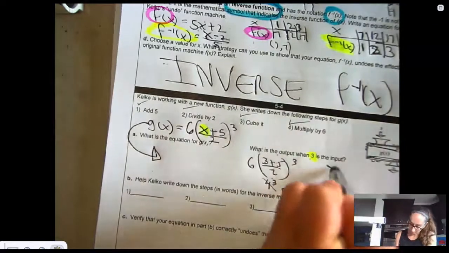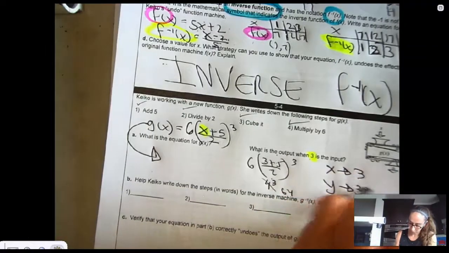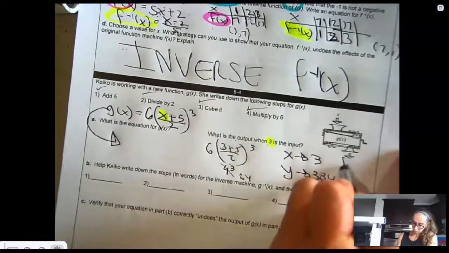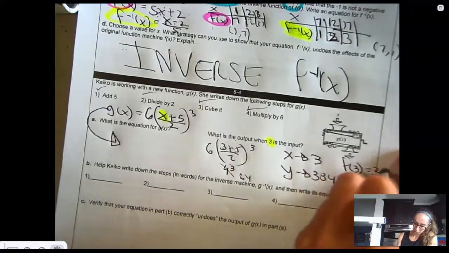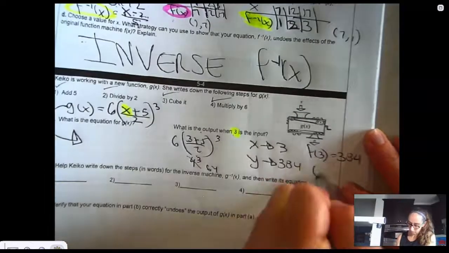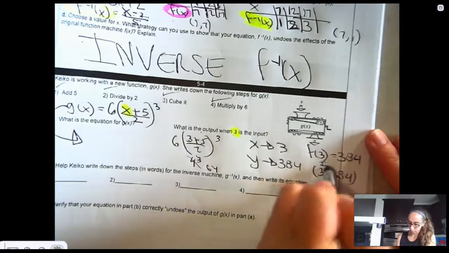So when my input is 3, my output is 384. And some of you go, what? That's when you go f of 3 equals 384. Or you write it as the point 3 comma 384, where this is the input and this is the output.